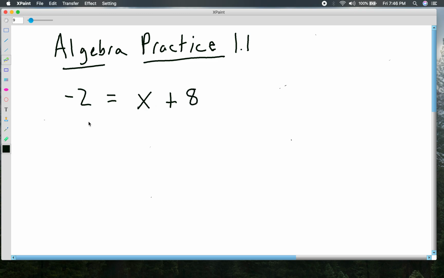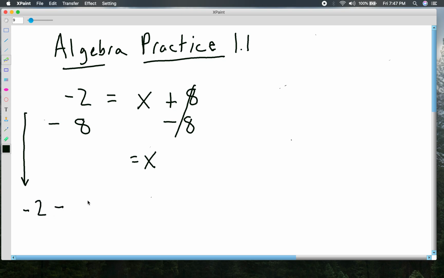Okay. Well, I still want to do the same thing here. I want to isolate x, right? So I'm going to subtract 8 from this side. I'm going to subtract 8 from this side. These cancel out because 8 minus 8, x is isolated. Now I have negative 2 minus 8. Now let me draw this down here.